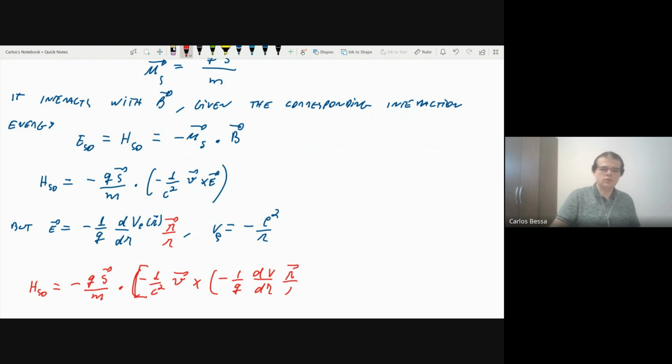So this is q S over m scalar 1 over c squared dV dr, v cross r over r.